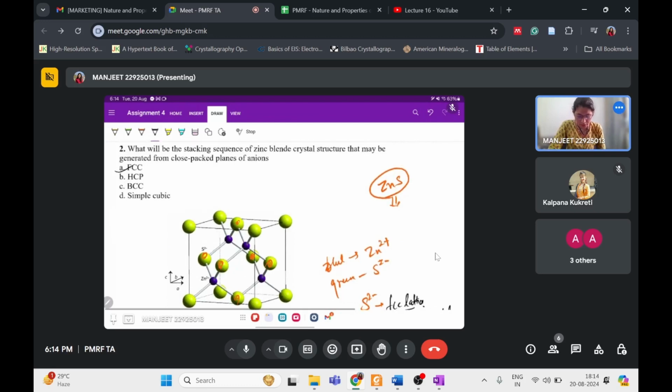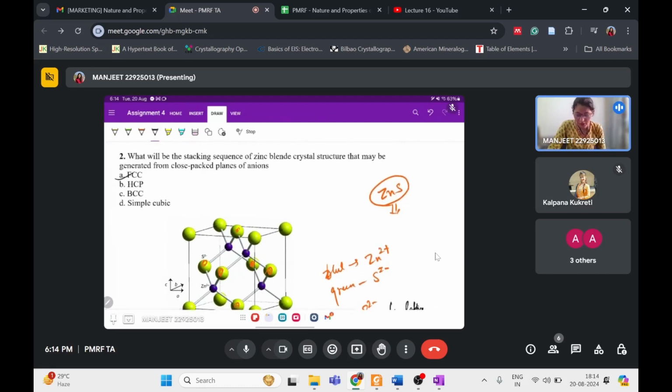I'm repeating the question number two again, where we have to find out the stacking sequence of the zinc blende crystal structure that may be generated from the closely packed plane of the anion.